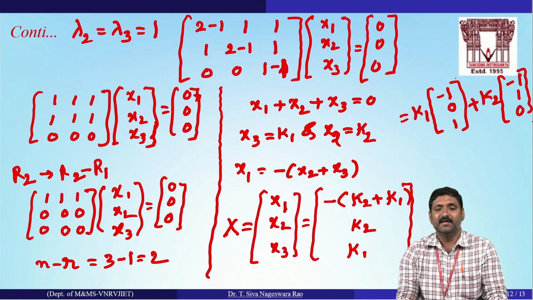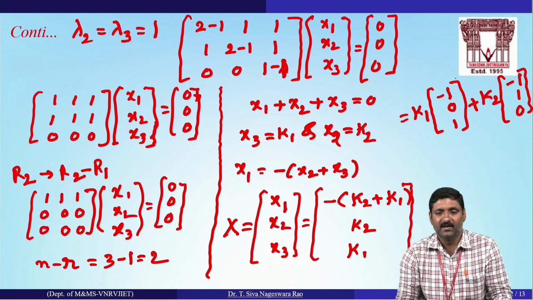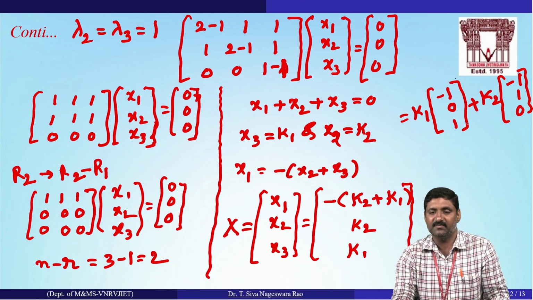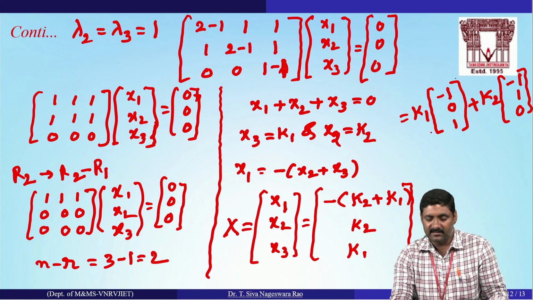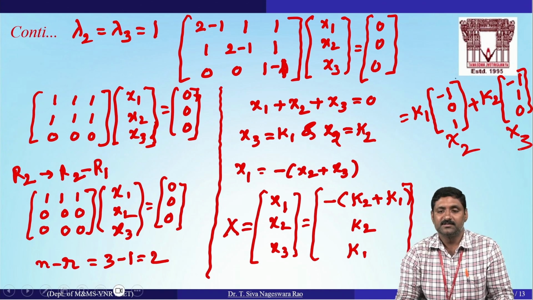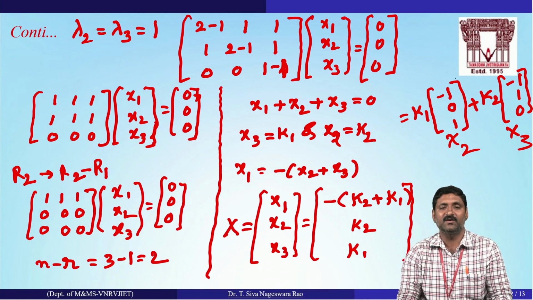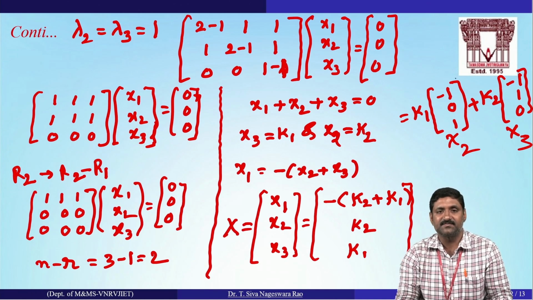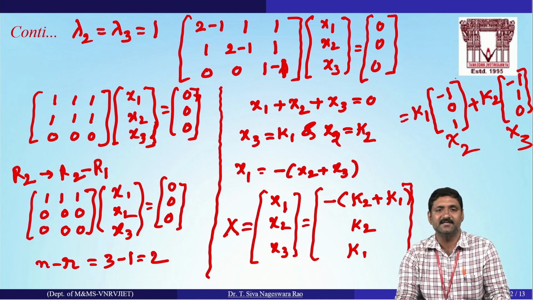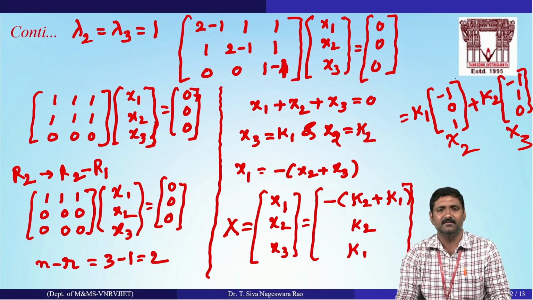This is how, if the eigenvalues are equal, we rewrite the resultant eigenvector as a linear combination of two vectors. One of these eigenvectors we take as x2 and the other as x3. So this is how we can find the eigenvectors corresponding to the given matrix if two eigenvalues are repeated and one is distinct. Assume that throughout the unit we will take the matrix order at most 3 by 3.